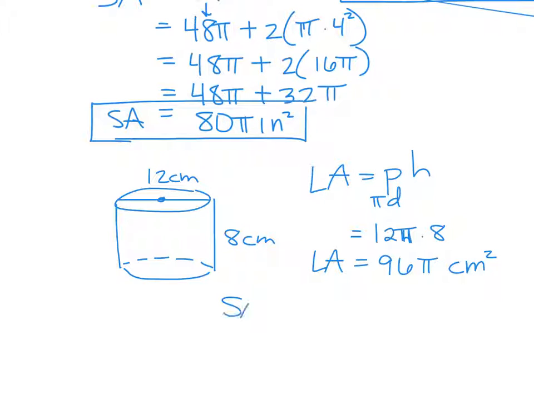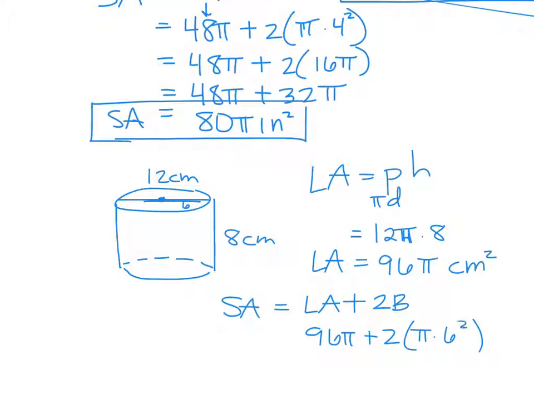Then you need your surface area, which is the lateral area plus 2 times the area of the base. So it's going to be 96 pi plus 2 times what? What is B right now? The radius would be 6, right? So if your radius is 6, because it's half of the diameter, then you do pi times the radius squared.